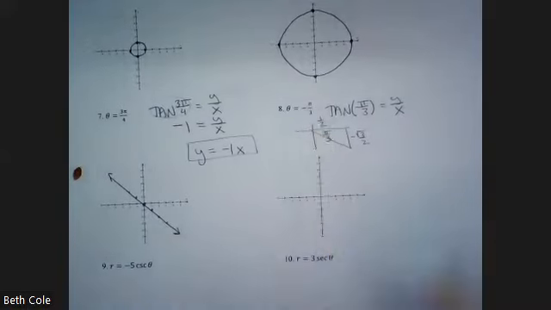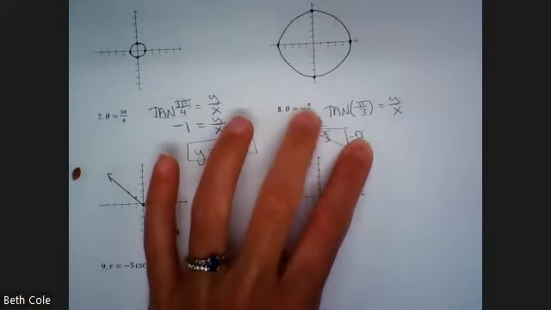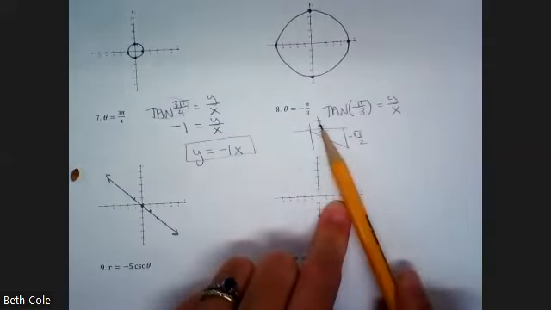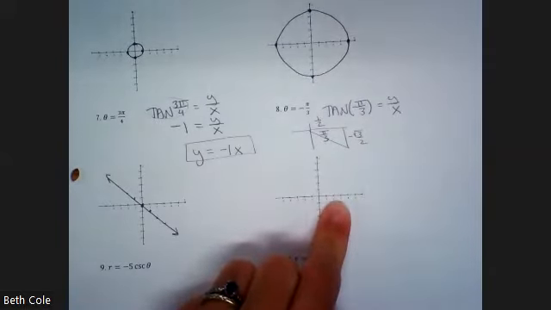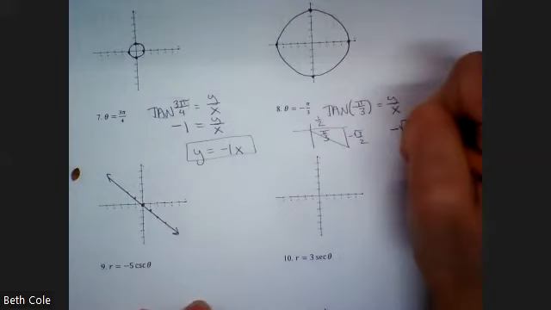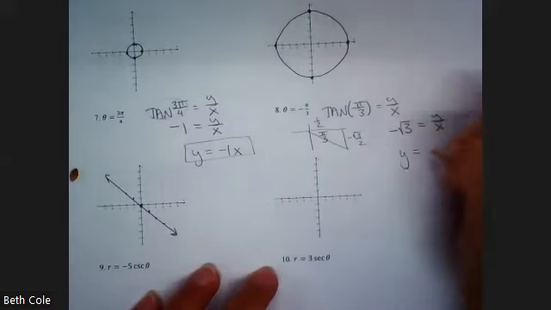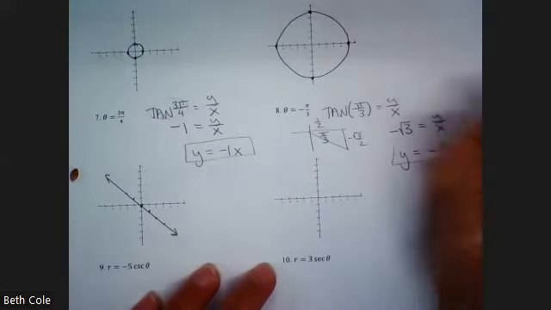Tangent would be y over x. Okay, if you put this over this, what is going to happen? This one over this one. 2's cancel, you'll just get negative square root of 3 equals y over x. And so again, just multiply over the x, you get y equals negative square root of 3 times x.